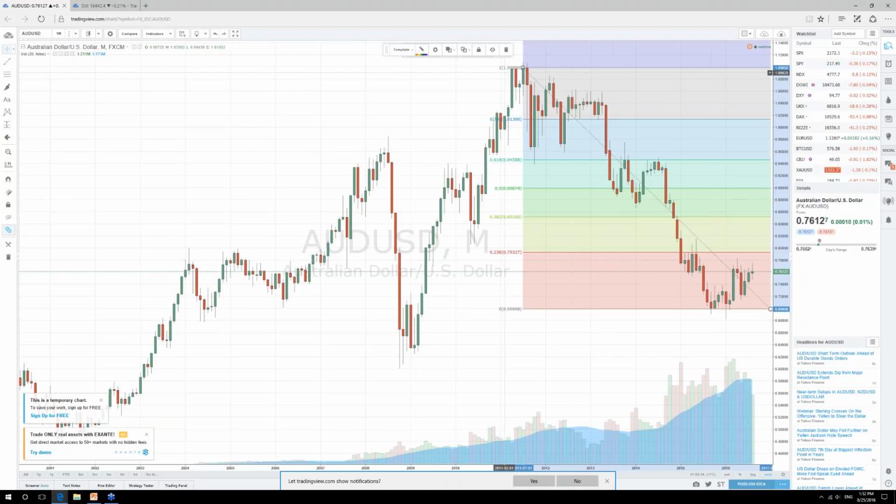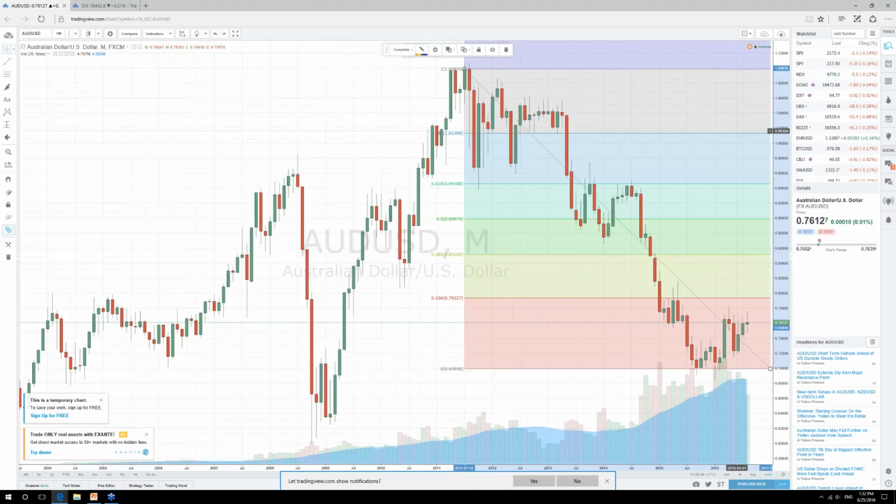But these are the levels. I just used a Fibonacci retracement level. So we could even see a massive reversal back to even parity in case of a Trump presidency. That would be a massive one-day rally right at the result.